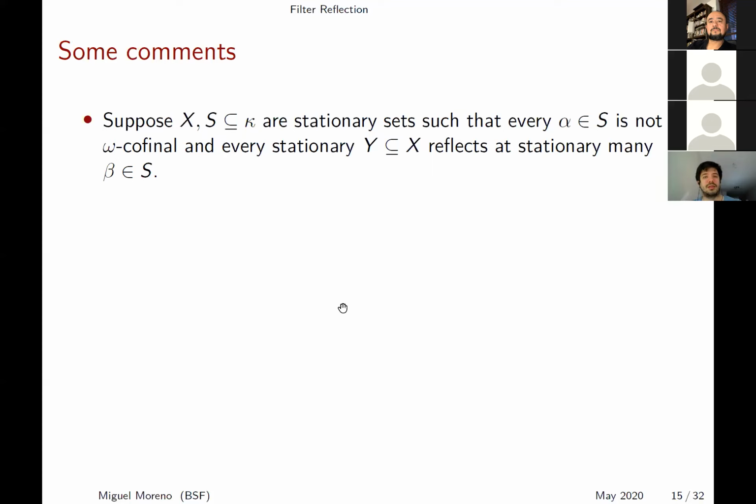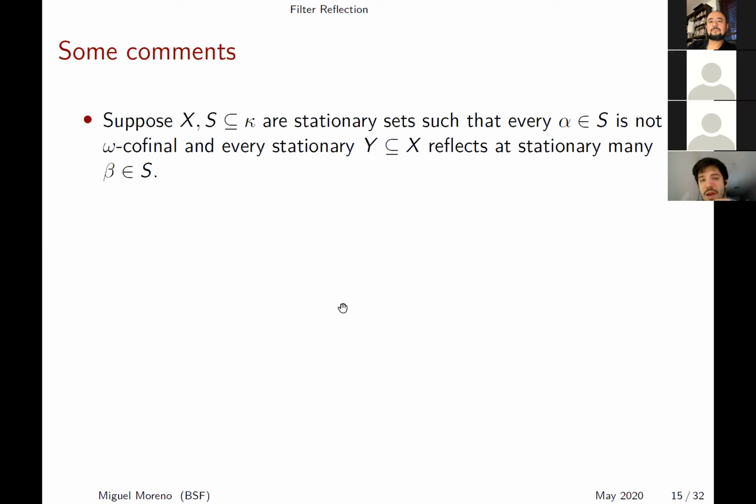Okay, so let's make some comments to try to understand this better. Let's take X and S, stationary subsets, such that for every alpha in S, alpha is not omega cofinal. And now let's suppose that X and S have full reflection.